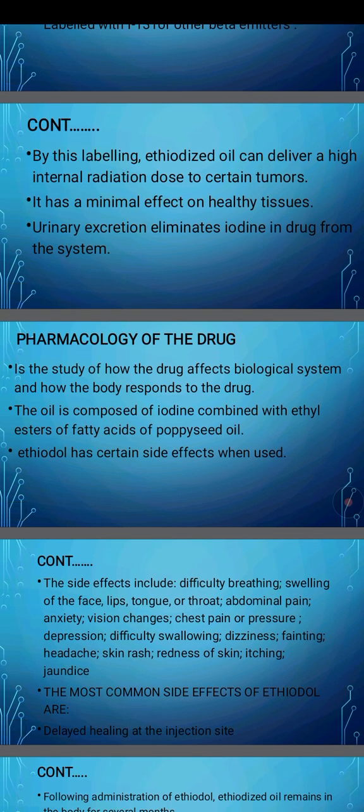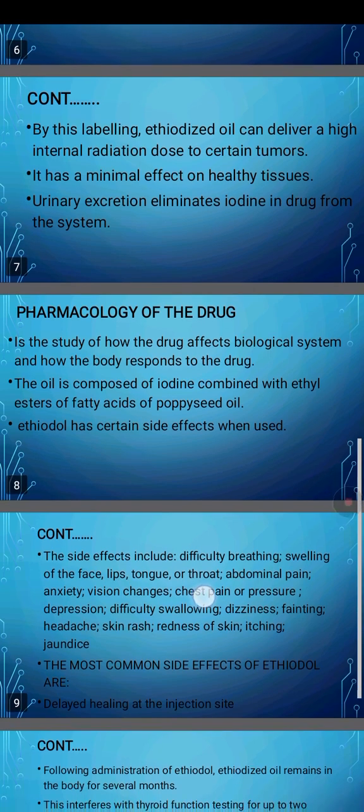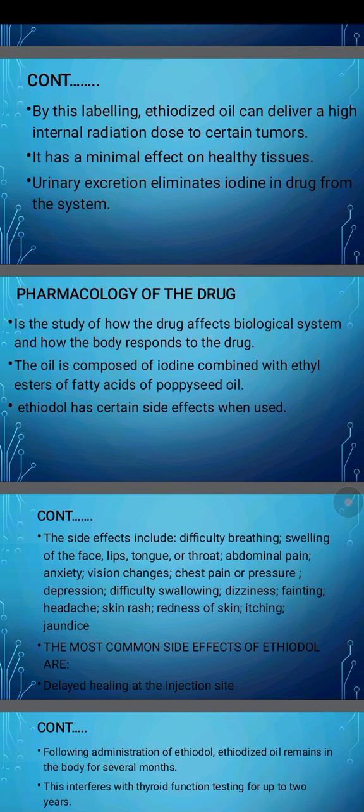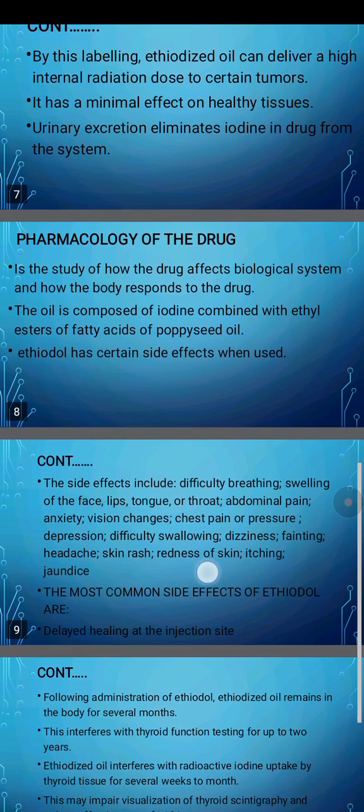It has a minimal effect on healthy tissues. Urinary excretion eliminates iodine in the drug from the system, which means one of the ways by which the iodine, which is part of the drug, is eliminated is by urinary excretion.